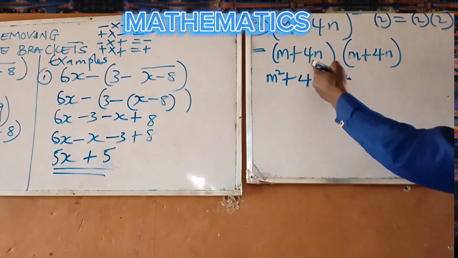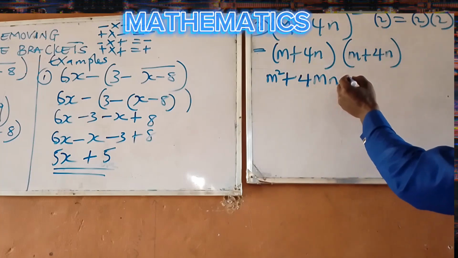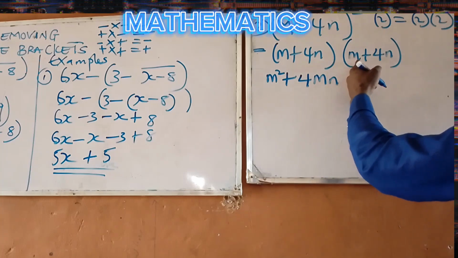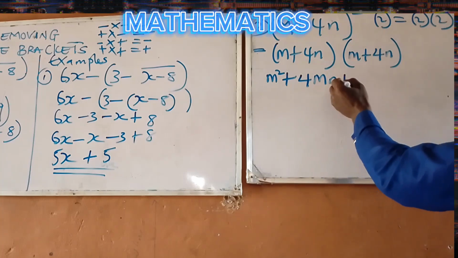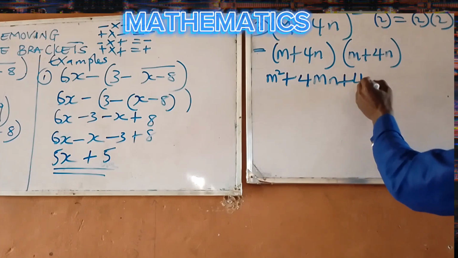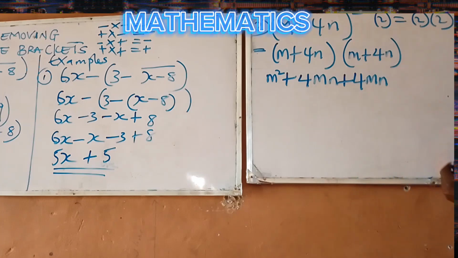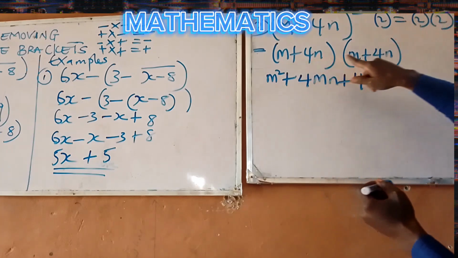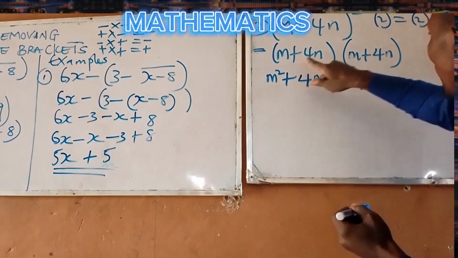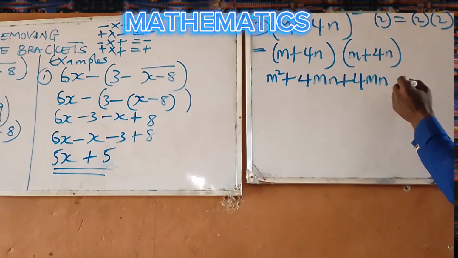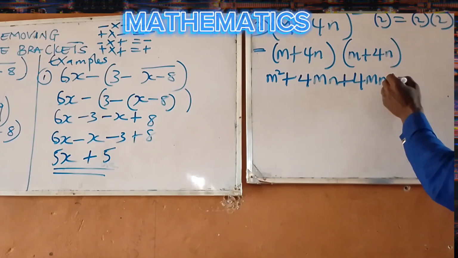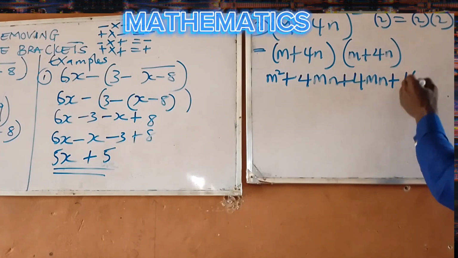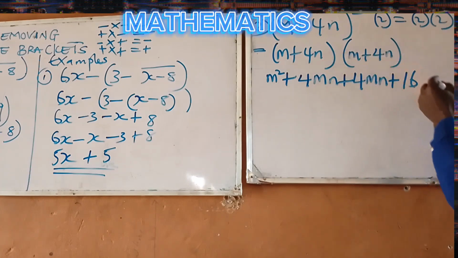So we are having plus 4n multiplied by plus 4n. We have plus 4mn. We have 4 multiplied by 4, that's plus 4 multiplied by plus 4. So we have plus 16. n times n, we have n squared.